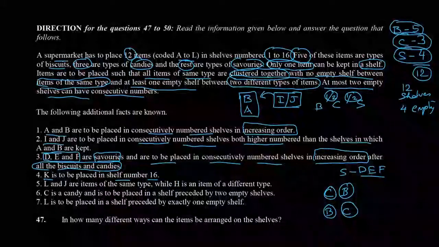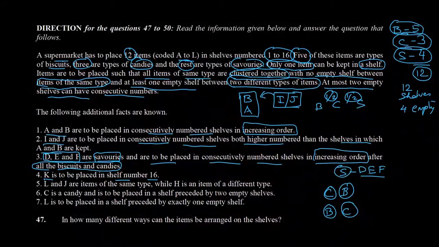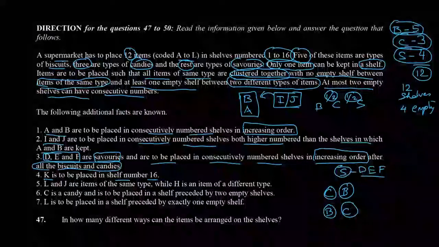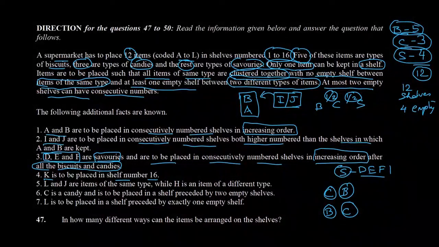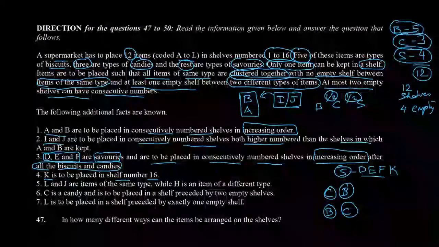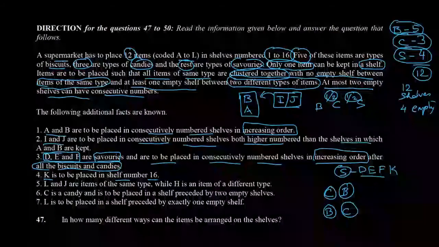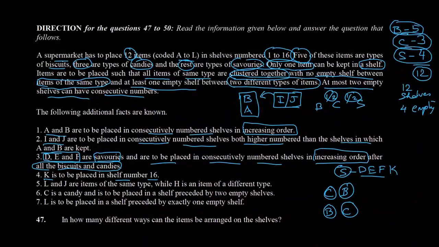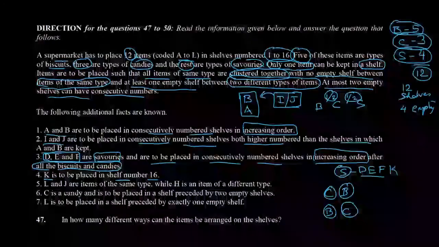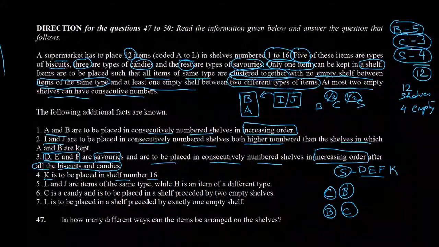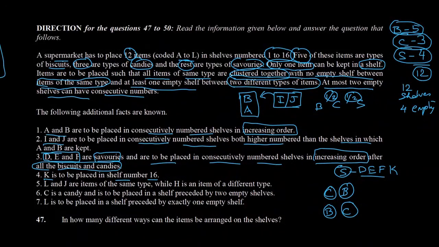And since savories are on top, definitely K is a savory. So D, E, F and K, and the next 3 would be D, E and F in increasing order. So we got the savories as K, F, E and D.